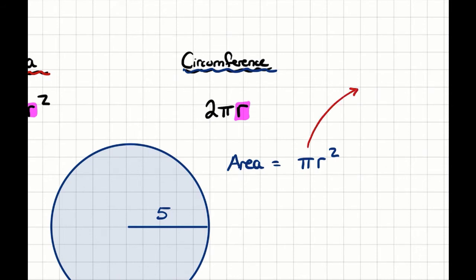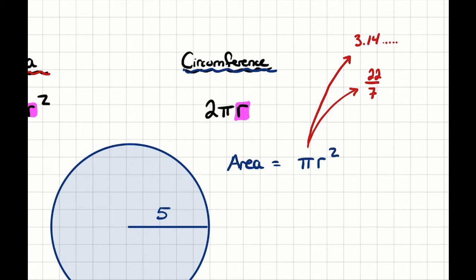that pi can be represented two ways. It can be represented as 22 over 7, which is not exact but close. Or it can be represented as 3.14. And then that number goes on forever because it is an irrational number.